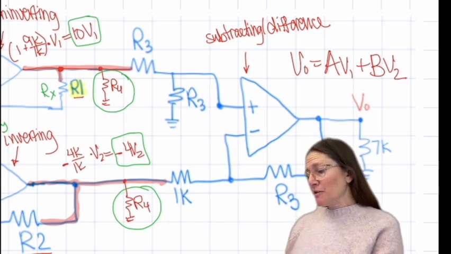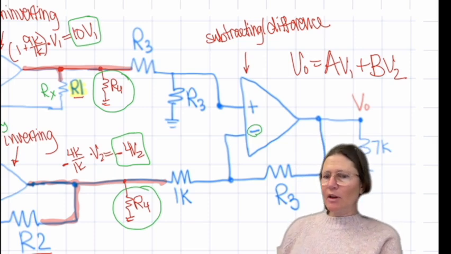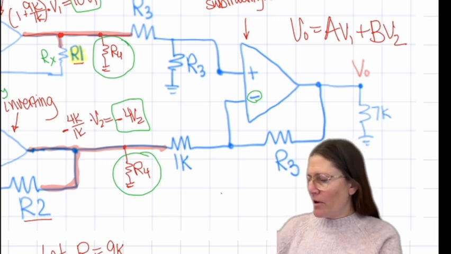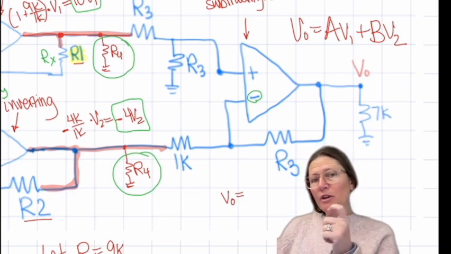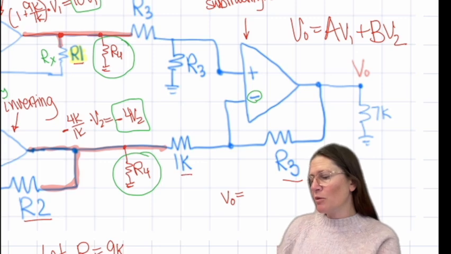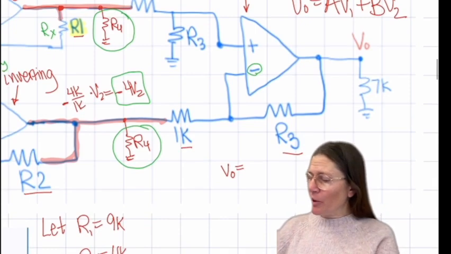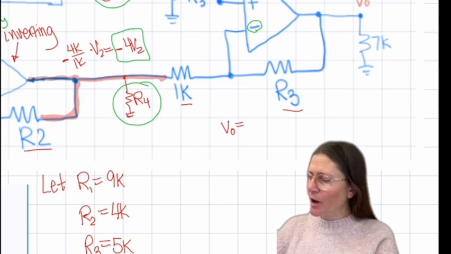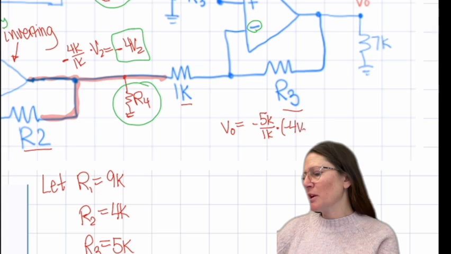On the negative side, it's going to be an inverting gain, so that portion of the output is going to be R3 over 1K, and again a negative. R3 is 5K, so negative 5K over 1K, times the input for this one, which is minus 4V2.